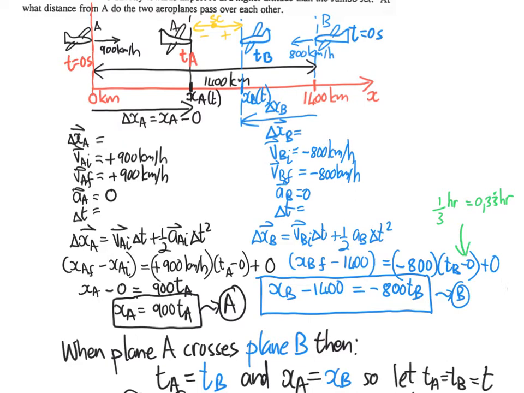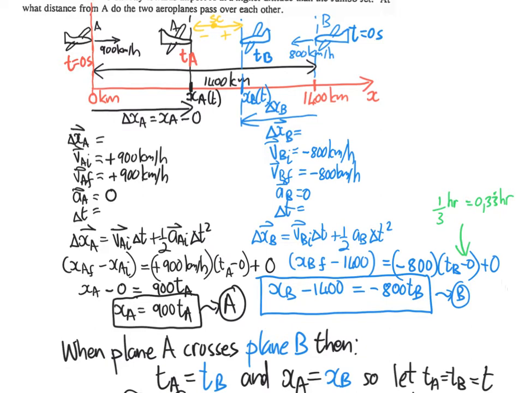But that solution will be provided to you outside of this video on Google Classroom. So now, working with what we have, xa, which is a function of time, equals 900 ta. So you can explicitly see that as ta increases, xa increases. That makes sense. As the time increases, the x value is going to move along as the plane is moving further away from its original position.